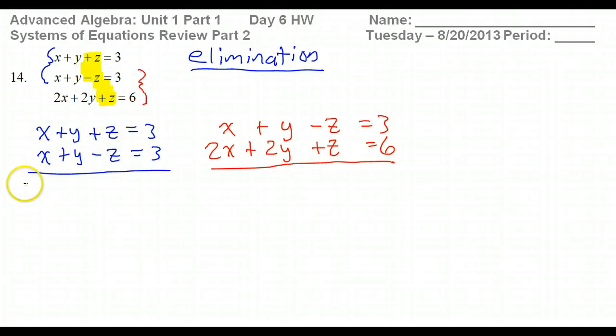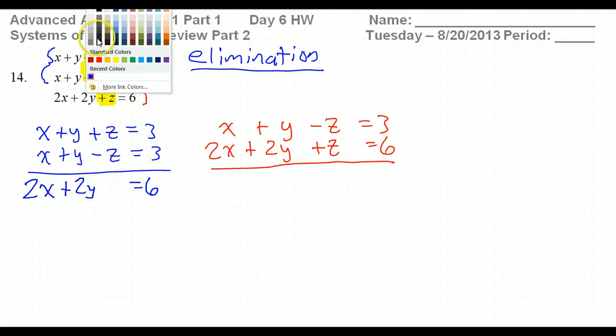So if I put these together, I get 2x plus 2y is equal to 6. I won't leave it like this. I like to make the numbers as small as possible, and I noticed that everything is divisible by 2.